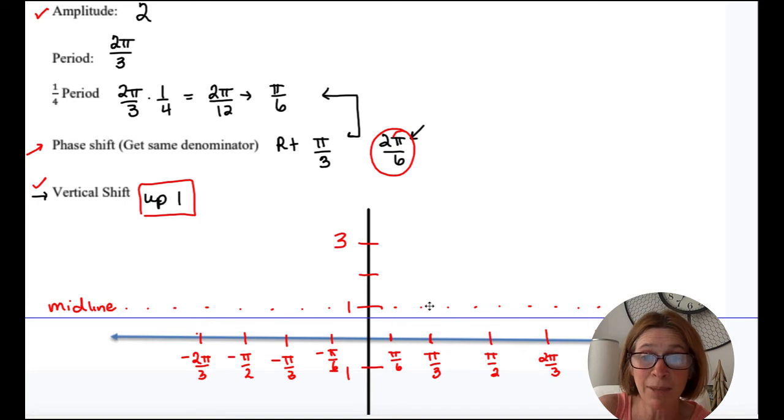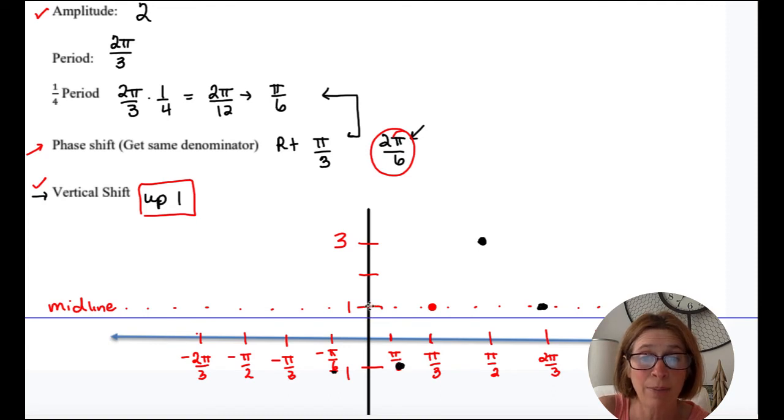Sine starts at the midline, so I'm going to start right here. Then I'm going to go up to my amplitude at pi over 2, so I'm going to go up to 3. Then I'm going to go back to the midline at 2 pi over 3, down to negative 1, and then back up to the midline at pi. I'm going to go in the opposite direction, so I'd be down at negative 1 at pi over 6.